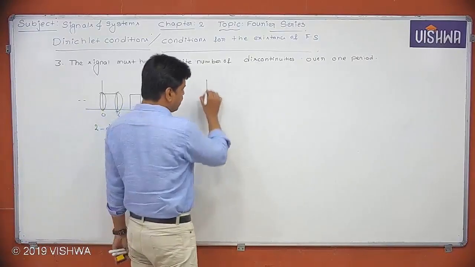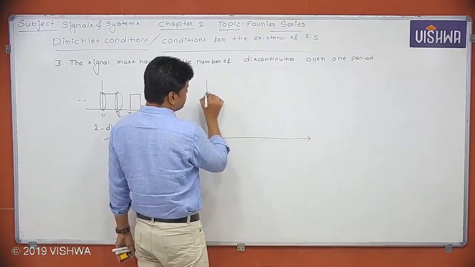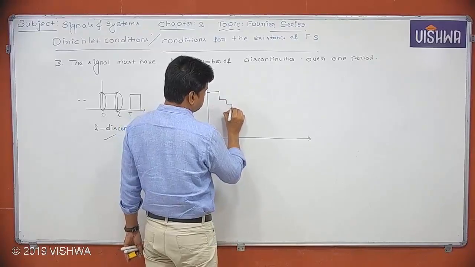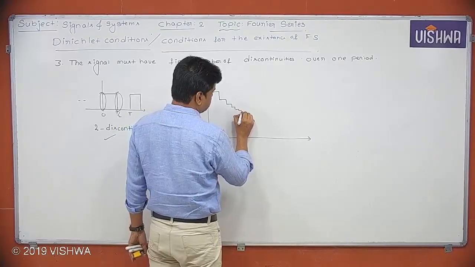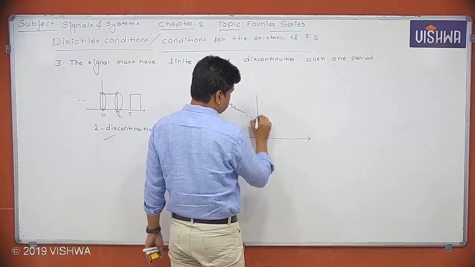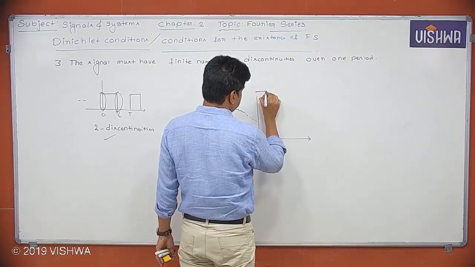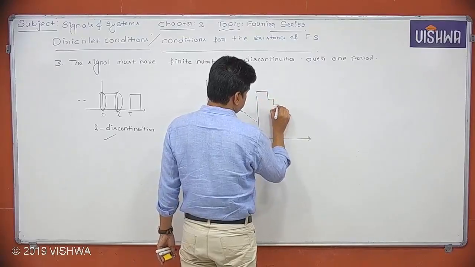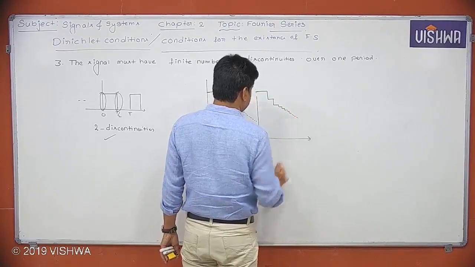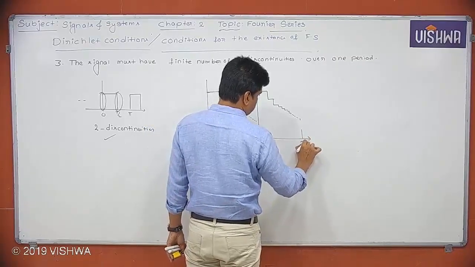Suppose I consider another wave, which is periodic, something like this, where the step size keeps on decreasing: 0, T, 2T, like that.